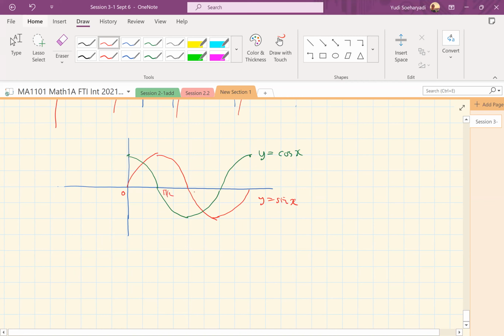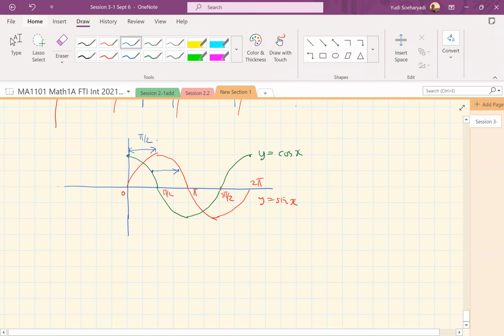This is pi over 2, 3 pi over 2, this is 2 pi. By what distance? Half of pi, so pi over 2.